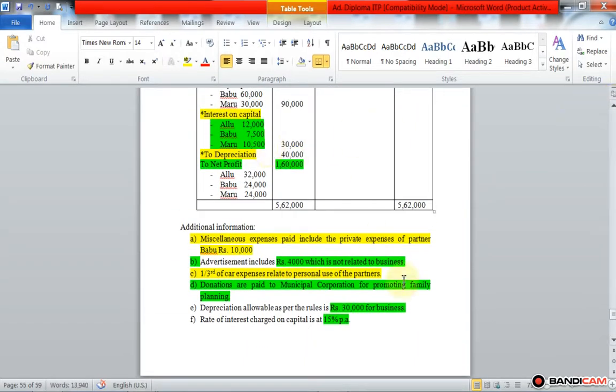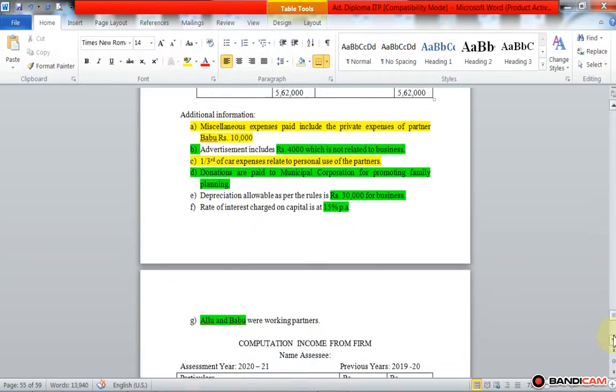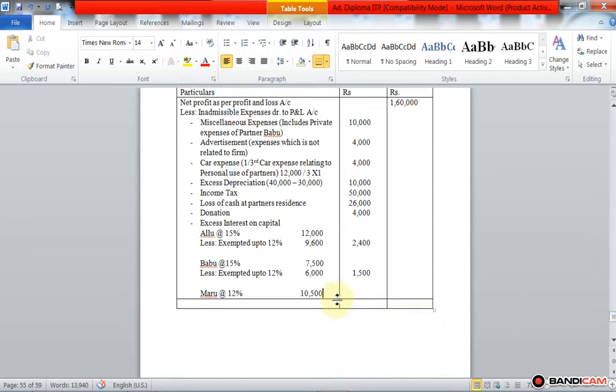So 10,500 less exempted up to 12%, that is 10,500 into 12 divided by 15, 8,400.